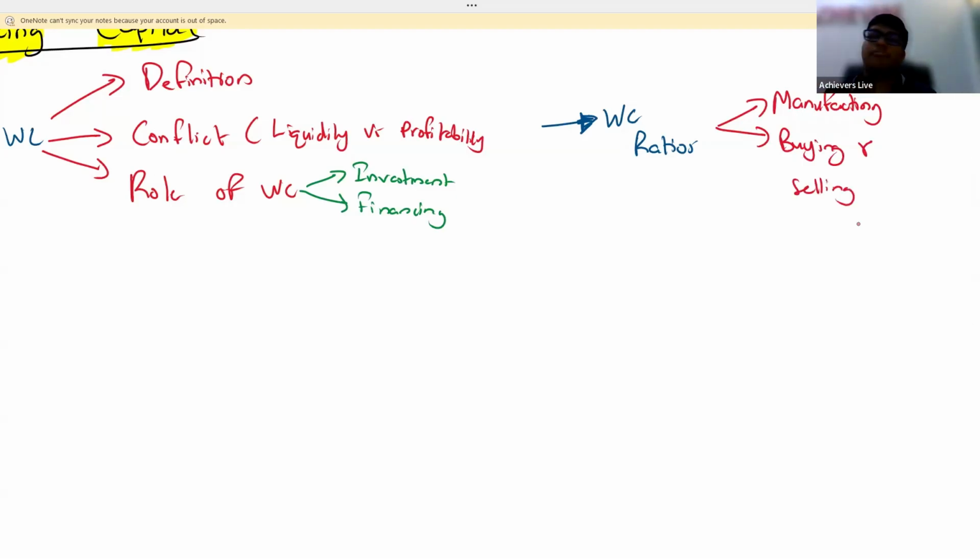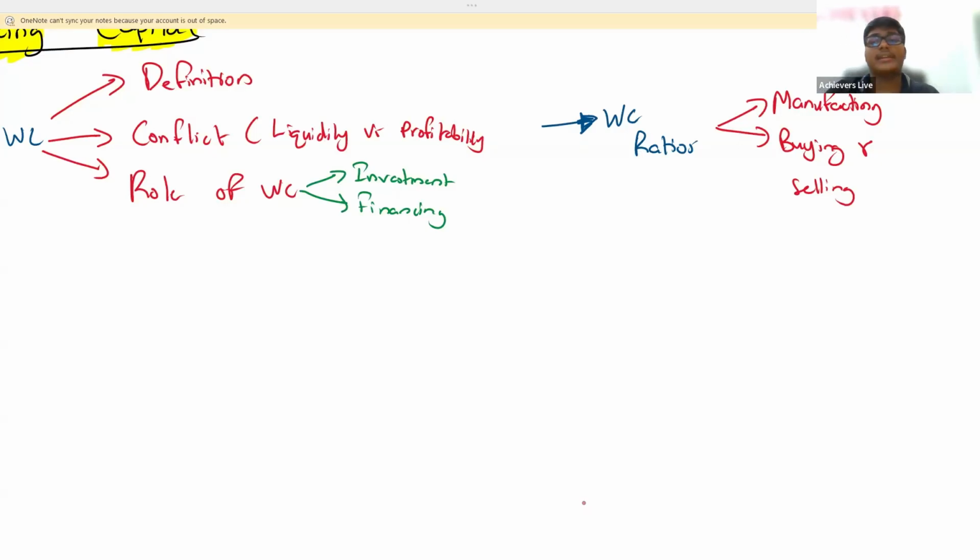For buying and selling companies, you had receivable days, payable days, and inventory days. For a company which is manufacturing and selling, you had a few extra ratios: raw material days, work in progress days, and finished goods days. I'm not going to go into the ratios, it's not that important.